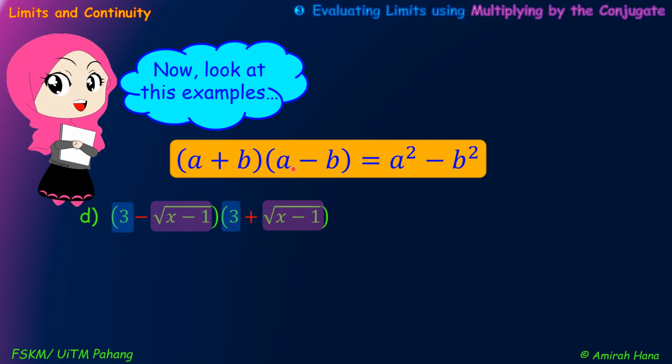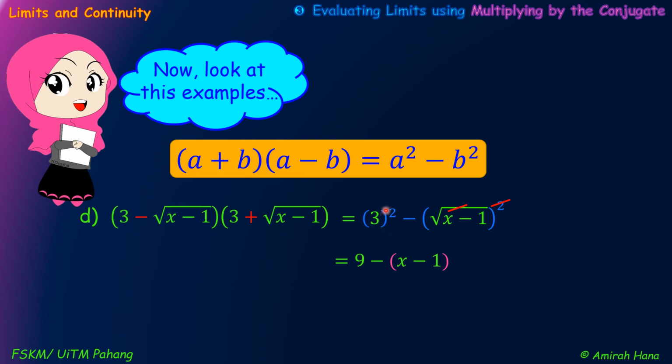So from this formula, after we multiply by the conjugate, we will get A squared minus B squared. Our A equals 3, so we get 3 squared. Our B equals radical x minus 1, so we get radical x minus 1, squared. In between must be a minus sign. After that, we can simplify the square and this radical. Then we get 3 squared equals 9 minus x minus 1. No more radical.